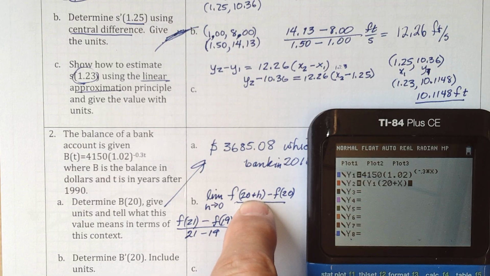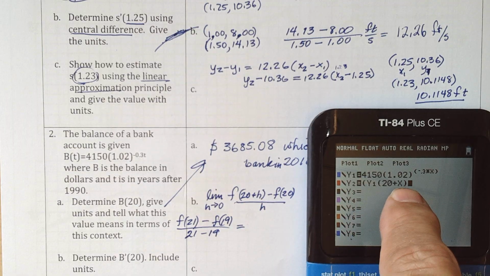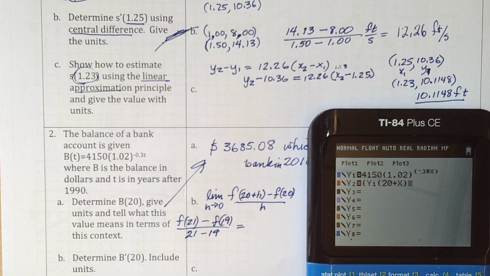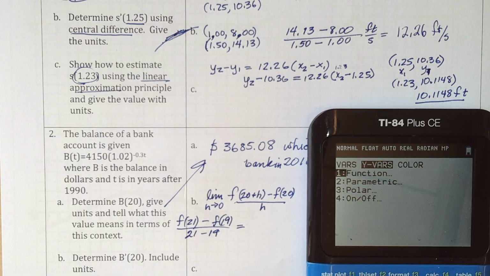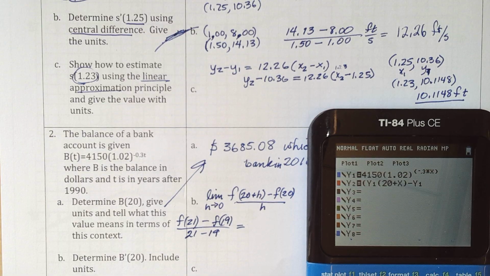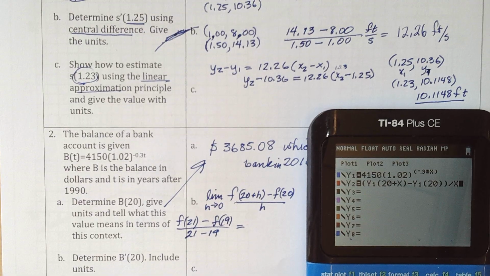I want to get it at 20, so I'm going to go 20 and a little off from it, minus f, which is vars, Y-variables, function, y1 at 20, close parentheses, divided by what I called x in here, so I'm putting in an x.